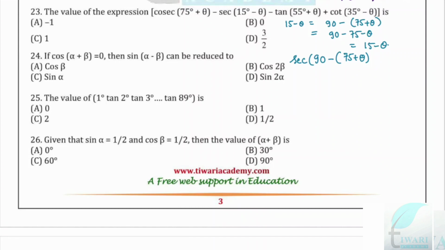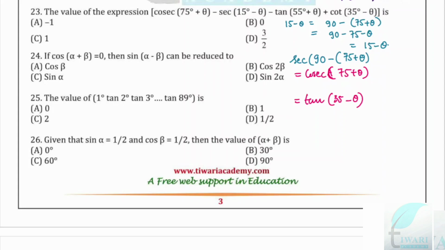and this is in the form of sec 90 minus A, and sec 90 minus A is cosec A, and A is 75 plus theta. So this can be written as cosec 75 plus theta. Similarly, we can write cot 35 minus theta as tan 55 plus theta.